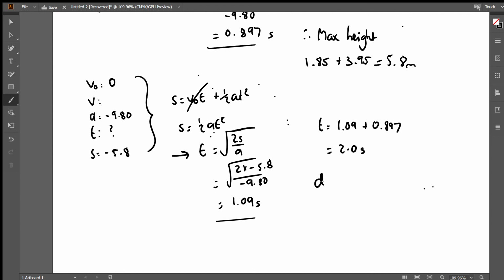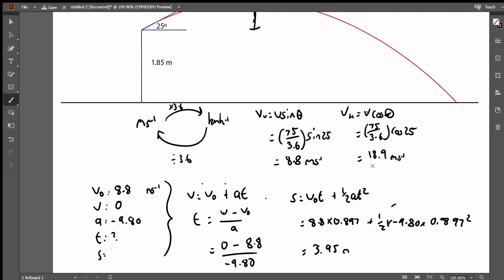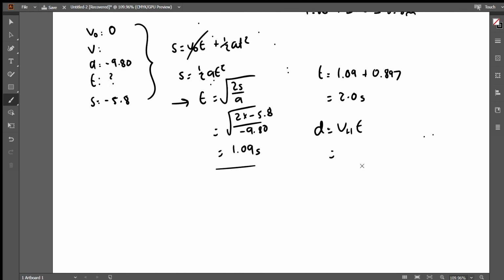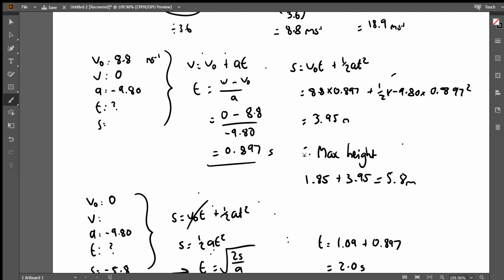Therefore, the distance will be the horizontal speed times time, and we worked out the horizontal speed before. That was 18.9. That remains constant throughout the motion. So 18.9 multiplied by 2 seconds is 37.8 meters, and that is the range of the tennis ball.